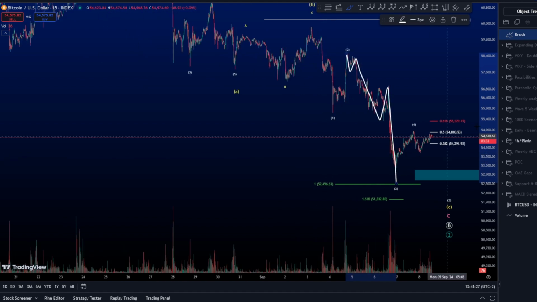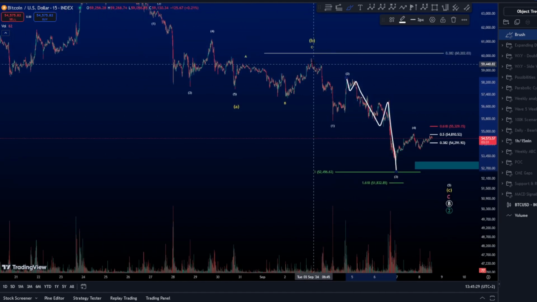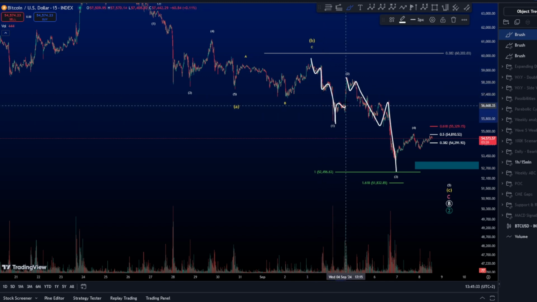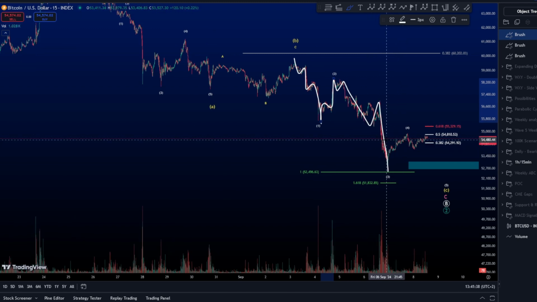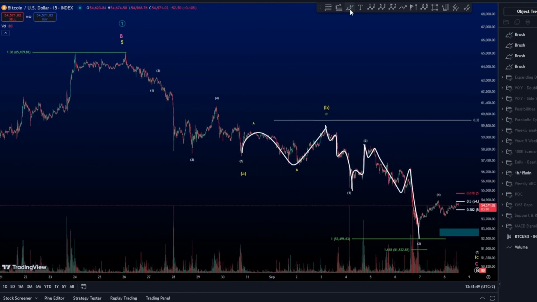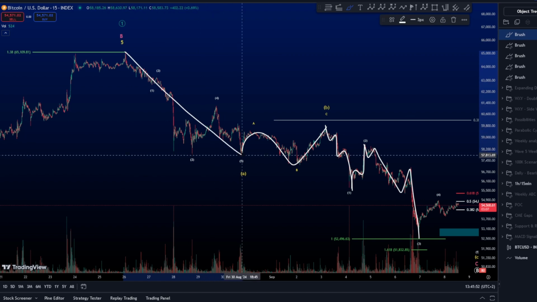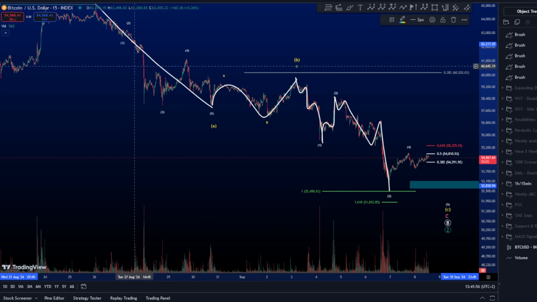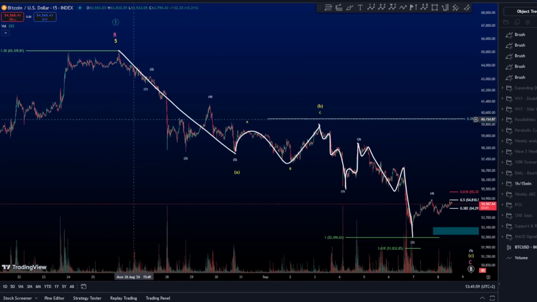In that way, you could have finished a zigzag here, 1, 2, 3, 4, 5, A, B, C, right? With this zigzag, it could be a finished zigzag, then a flat in the middle, and also a W with this impulse, or whatever this can be transformed to, because it can be even something else.